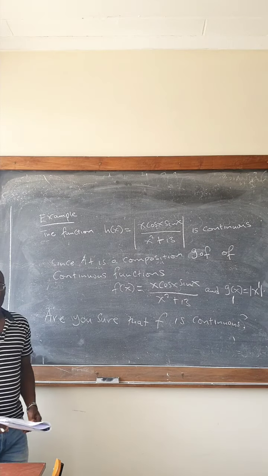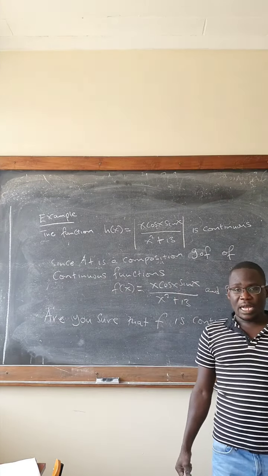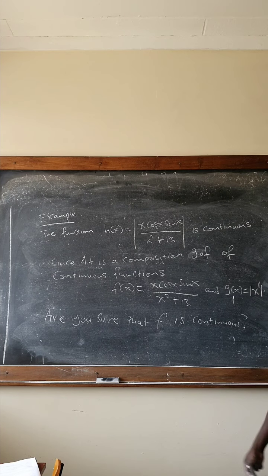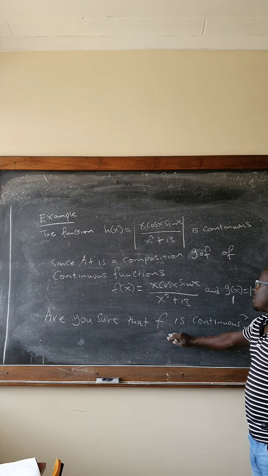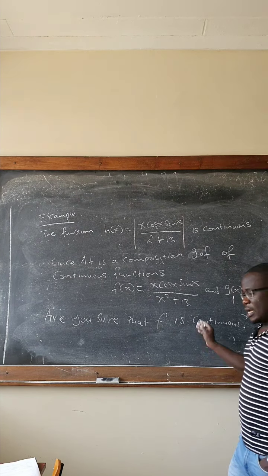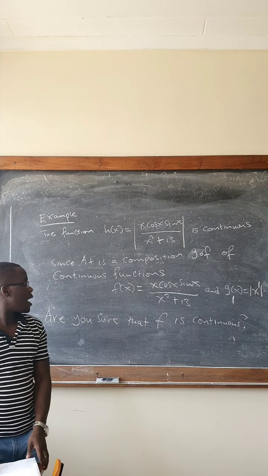I'll leave that to you guys, but here we are just trying to make use of the previous theorem, which says that if you have two continuous functions, then their composition is also a continuous function. So you guys can look at this function and say, is this function really continuous everywhere? But I'll tell you that the function is continuous everywhere.